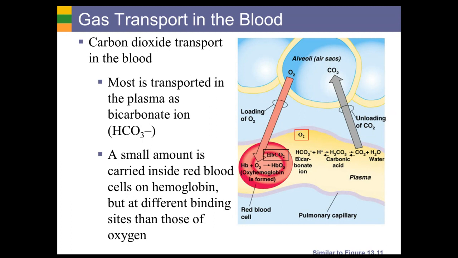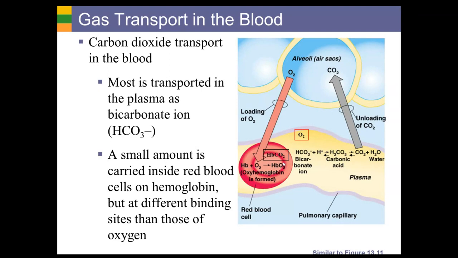Now, a small portion of carbon dioxide binds to hemoglobin also, but it's a very small portion, which again I have indicated with this box. It means yes, there's some there, but it's a small amount relative to the amount that's in the plasma. And I want to emphasize that carbon dioxide binds to another location on the hemoglobin molecule than oxygen.